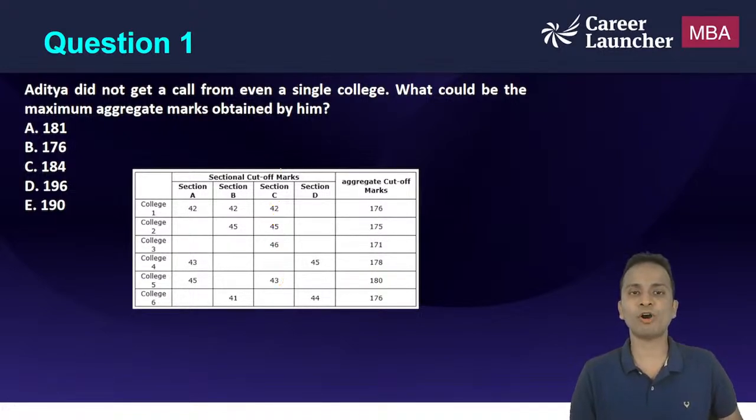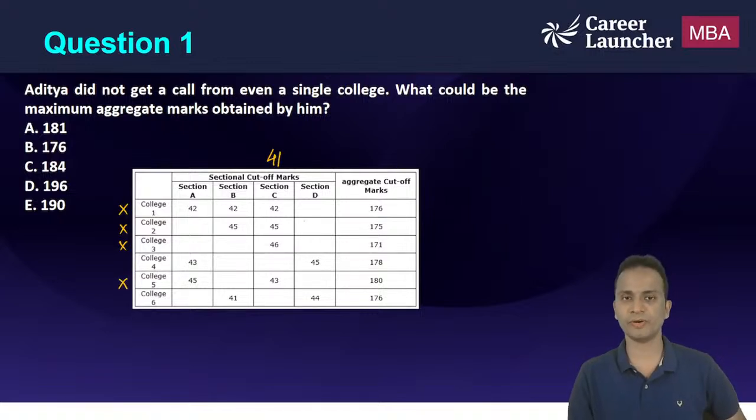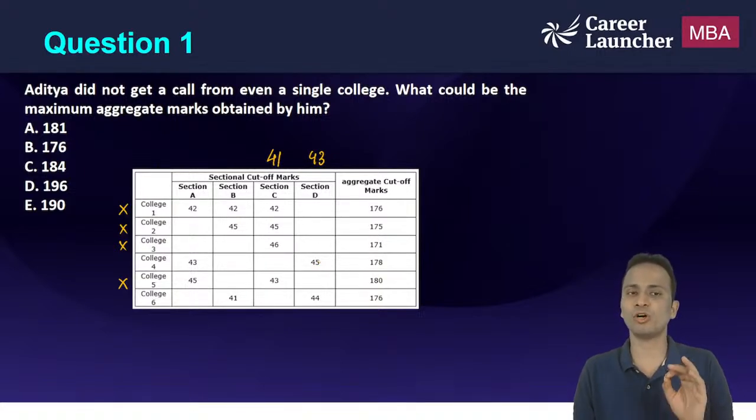So scoring 41 marks in section C will ensure that I'll not get a call from 1, 2, 3 and 5, right? And in section D, if I score 43, I will miss the cutoff of college 4 and college 6. So college 4 and college 6 are removed.